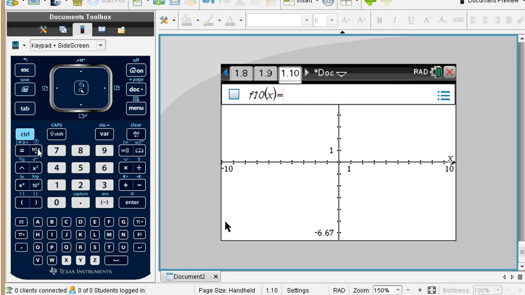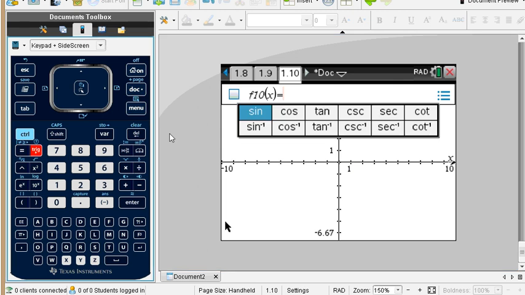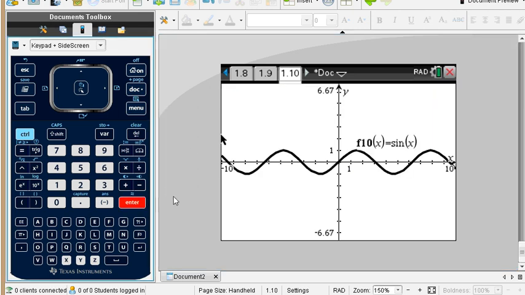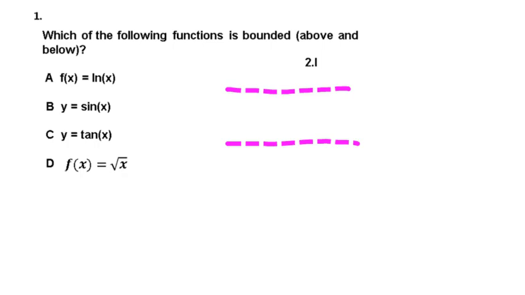If we go to the graph button, press the trig button and put in sine x, we can see that this function is bounded both above and below, and therefore we call this bounded, period, and our answer choice for this is B.